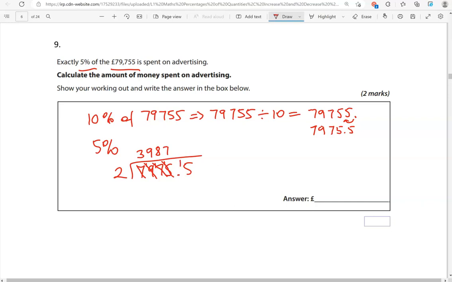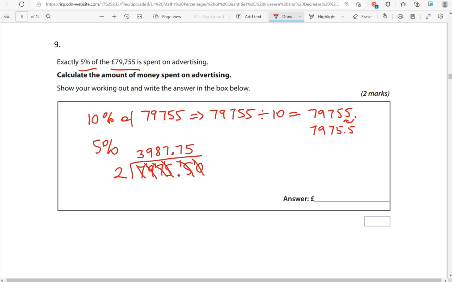Now, I need to transfer this decimal point here. How many 2's into 15? That is 7, and we have 1 remaining. Now I can add the zeros as we have a decimal point here, so it won't make any difference. How many 2's into 10? That is 5 exactly.